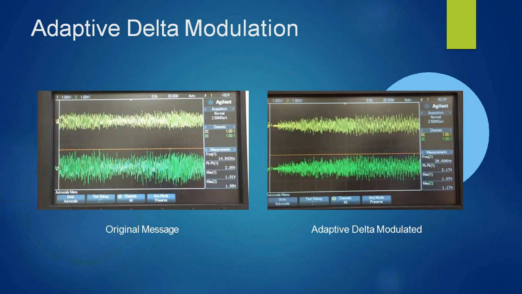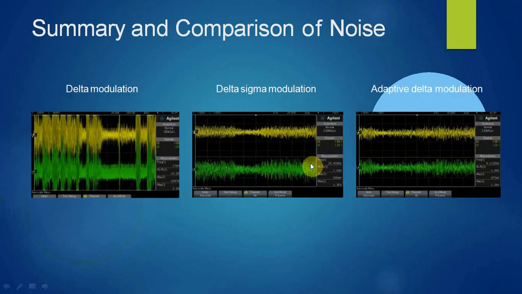See, here is the original message and here is the adaptive delta modulation, and here is the summary of the comparison of the noise. In case of the delta modulation, your output consists of much noise as compared to the input.